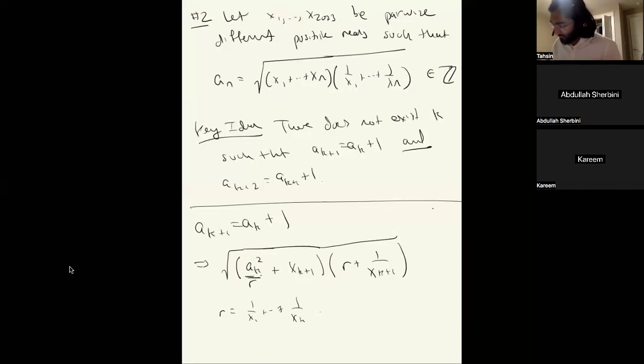Okay, and then you're saying if I take this expression, maybe I'll move this to here. And so this is equal to, and what do I do from here? I want to say this is equal to AK plus 1, and you're saying that will give me an expression for xk plus 1.